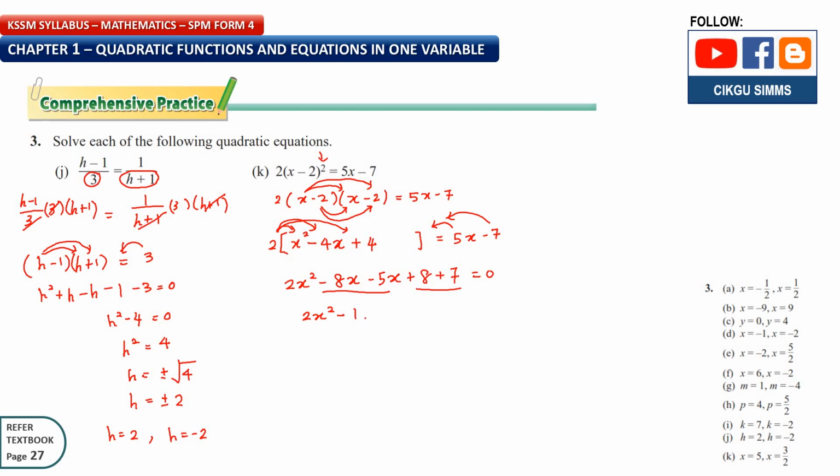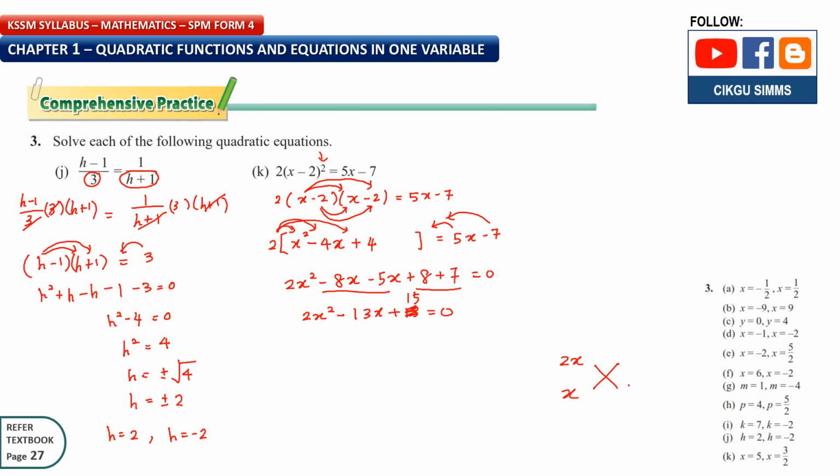Okay, and then you simplify them. 2x squared minus 13x plus 15. Okay, and then factorize. Oh, this one 15, sorry. 7 plus 8 is 15, so yeah, 5 and 3.